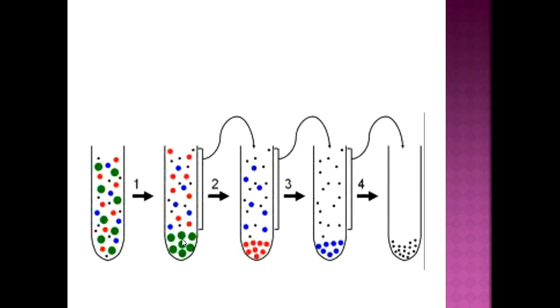As you can see, the green settled out first and was removed. Then the next is red, which was also the next bigger particle. Then the next was blue, which also settled out. During rotation again, the last to settle was black, because it is the tiniest particle available in the mixture.